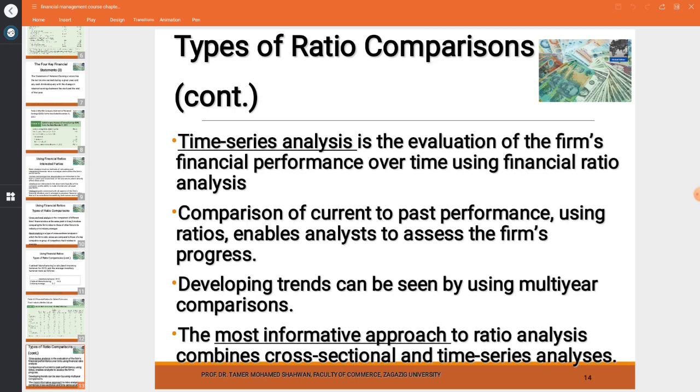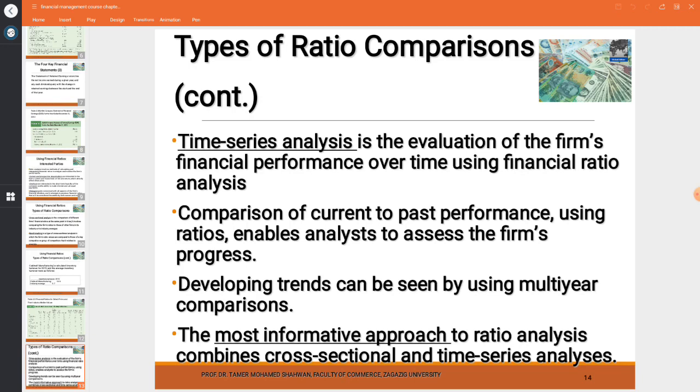Of course, time series analysis, which we could also refer to as panel data, compared to ratio analysis based on a cross section, will give more informative data and information about the financial performance of this firm.